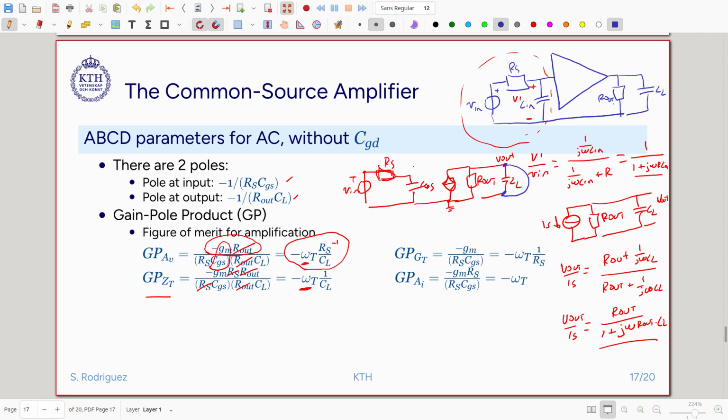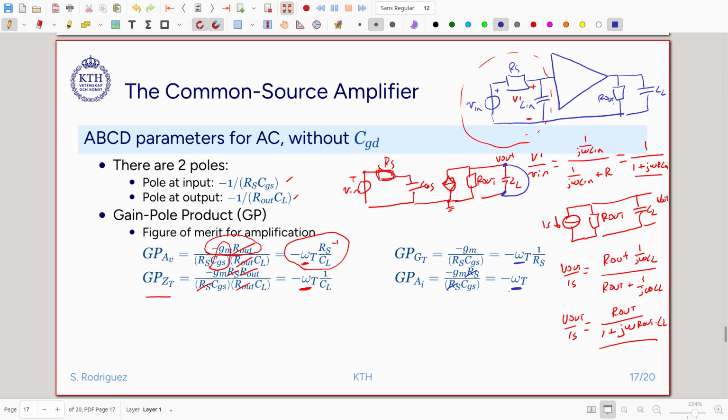So only the first pole is the one that is going to be interesting for us. So we multiply the transconductance by the position of the input pole, and then again we have an expression that depends on the transient frequency, and the same for the current gain. Current gain multiplied by the first pole, this disappears, and then we have omega t.